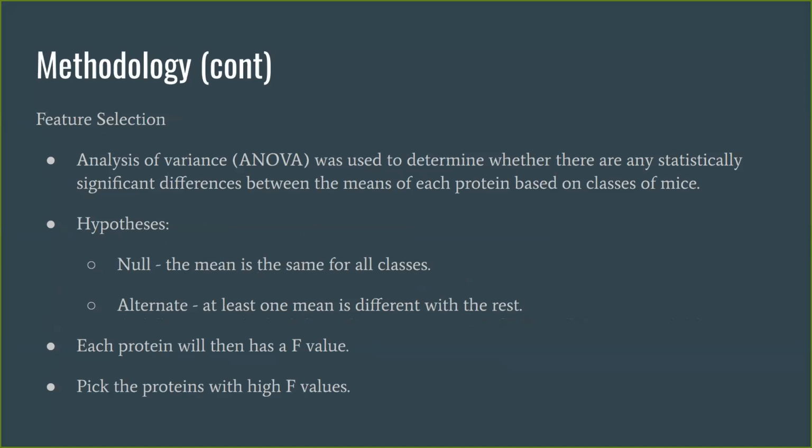In deciding the importance of the 77 protein variables as predictors, we have used ANOVA. Our null hypothesis is that the means are the same for all classes, and the alternative hypothesis is that at least one of the means is different. So we compare each of the protein variables using their F values, and we shortlisted the proteins with high F values.